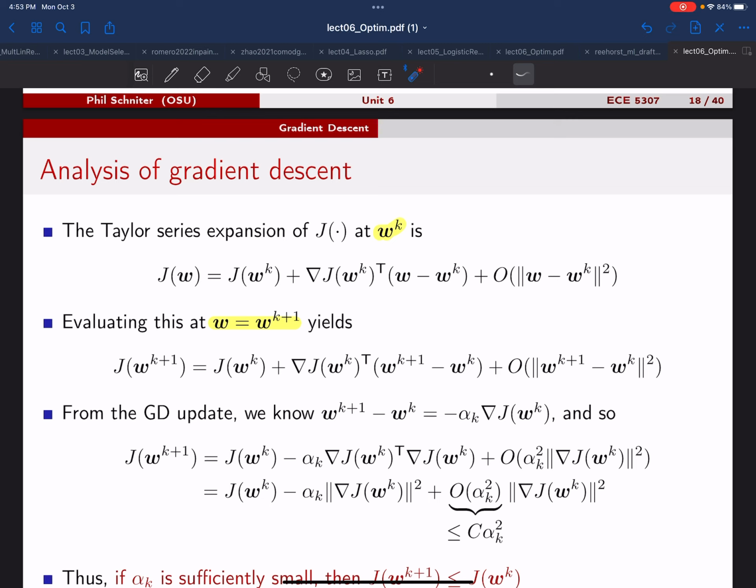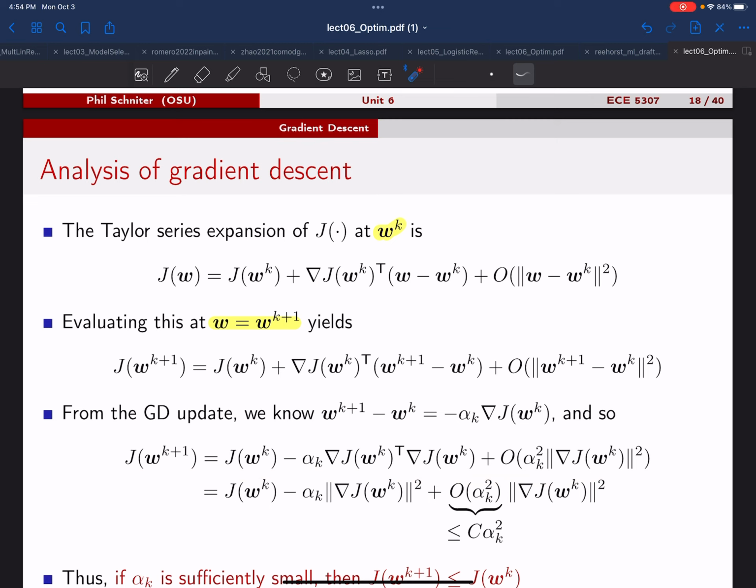We can pull the alpha k out of the norm, and because of the squared term, it manifests as alpha k squared, and then we have the norm of the vector quantity. Okay, so basically, this is what we have. And now we're almost done.